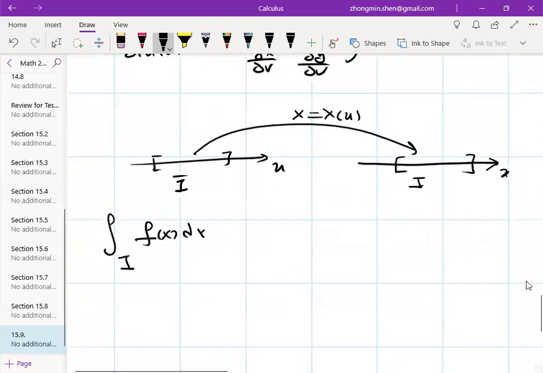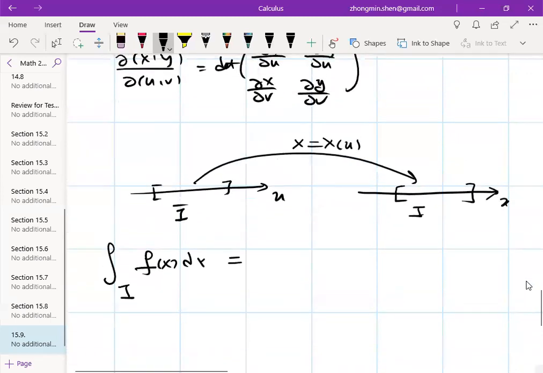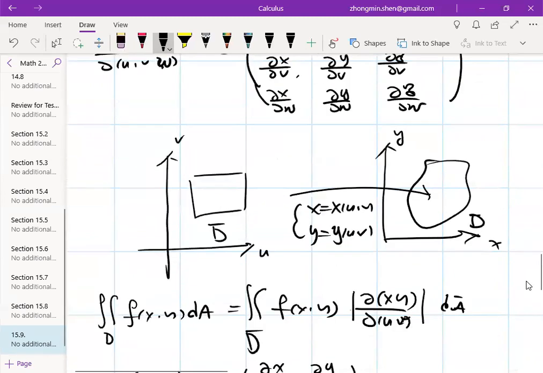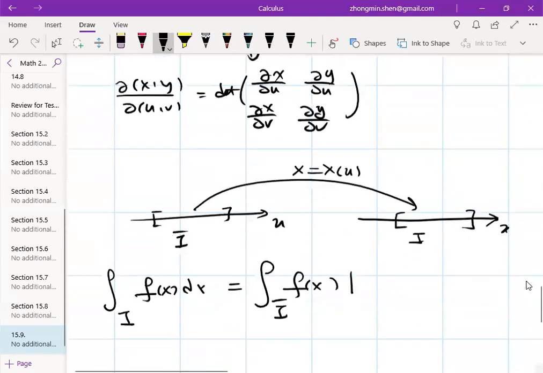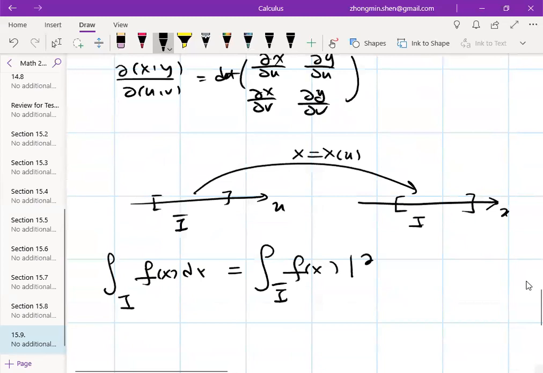And this can also be written in the form integral over I bar of f of x, where x can be replaced by x of u. Now, be careful, it's the absolute value of the derivative dx/du, times du.